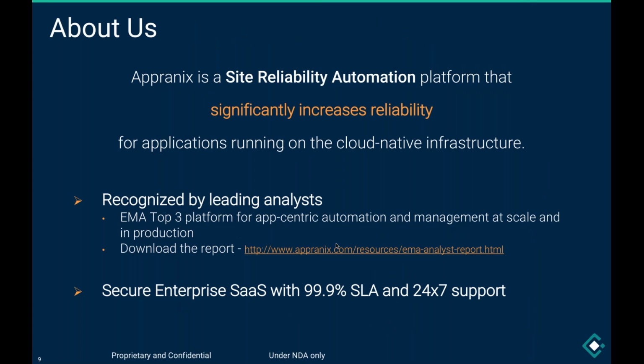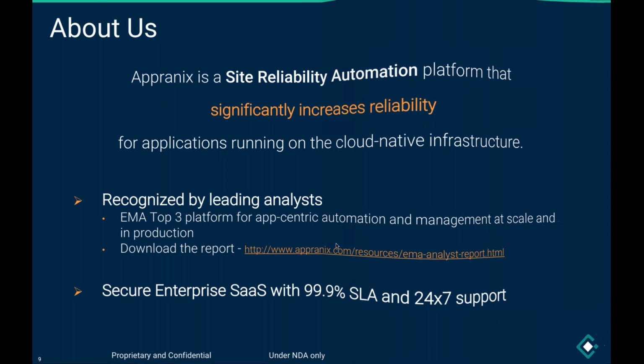We significantly increase reliability of the applications for customers. We are an EMA top 3 platform for application-centric automation and management. We are a secure enterprise SaaS with a 99.9% SLA. That's guaranteed. Otherwise, we end up paying you back. So it's a guaranteed SLA with 24/7 support.